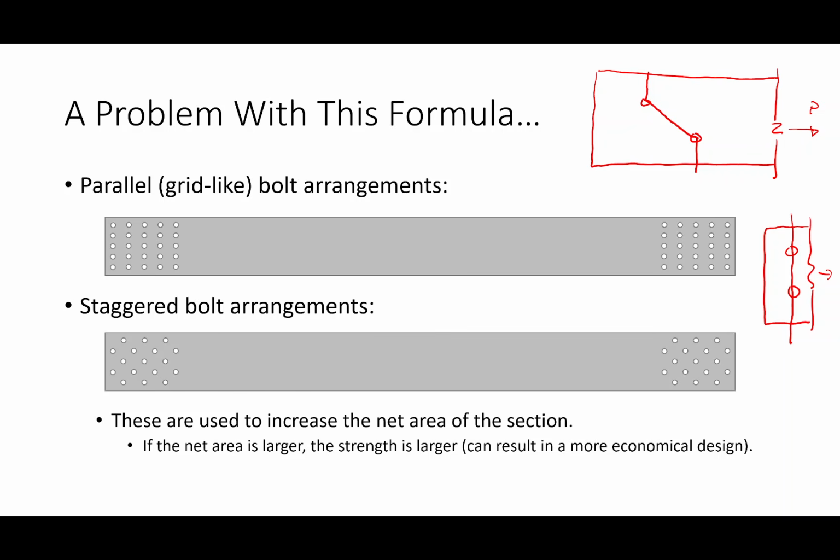So here's what I propose: this net area right here is going to be the gross area minus 2 bolt holes. That would be pretty straightforward. This one is also going to be the gross area minus 2 bolt holes, but then we're going to add something called a stagger factor. We're going to add a stagger factor for every diagonal path that is present along the bolted connection.